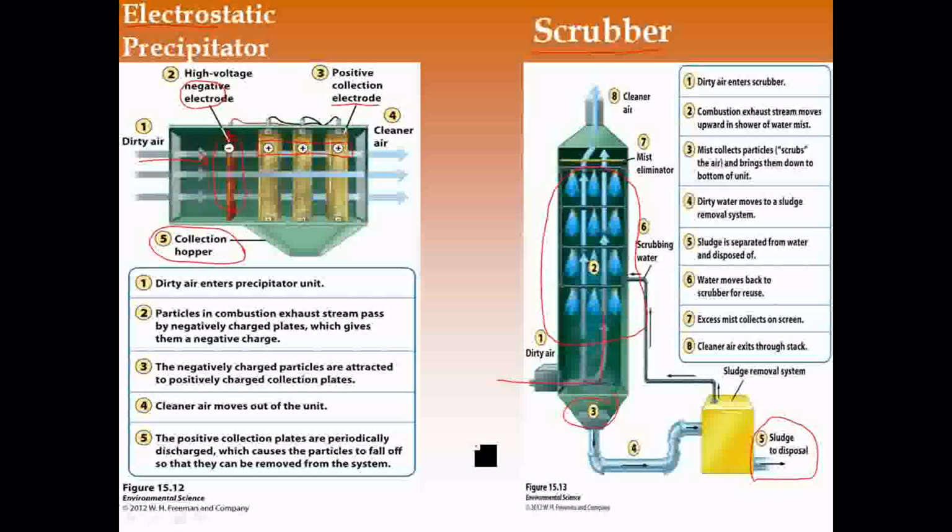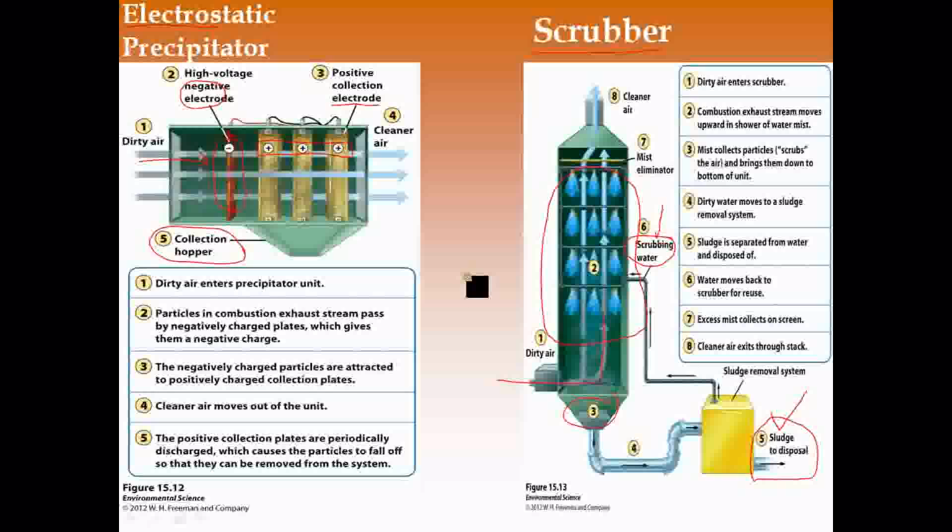Now, what do I want you to remember about this? First thing I want you to remember is a lot of energy has to be expended to get here. As a matter of fact, some environmental scientists say they're not sure that a scrubber, with all of the water that gets used and all of the electricity that's used to run this motor and this engine and everything, is even worth the amount of pollution that it cleans out in the end.